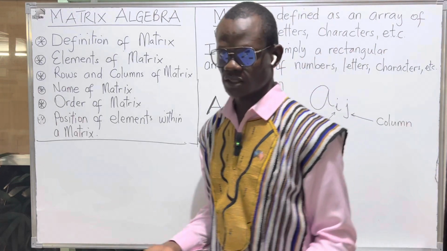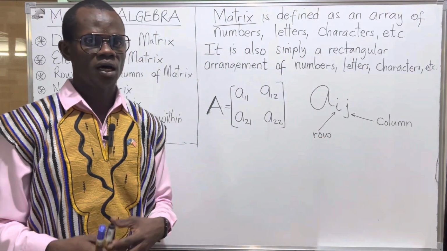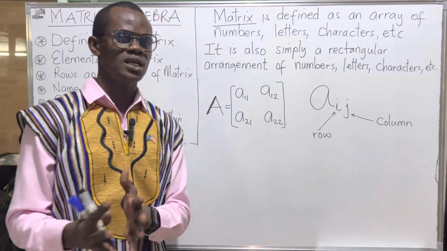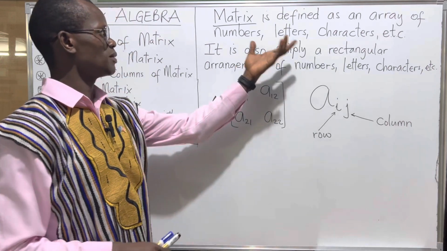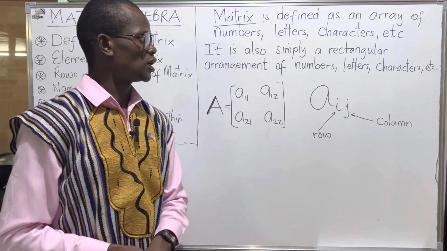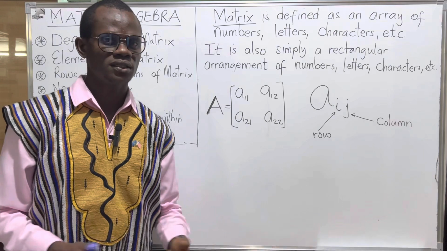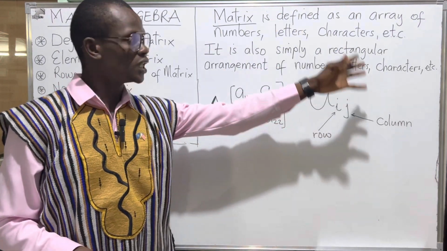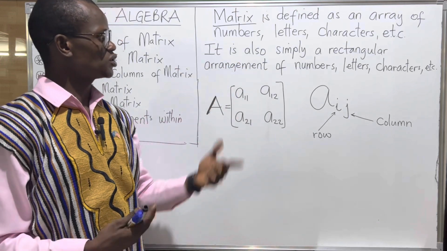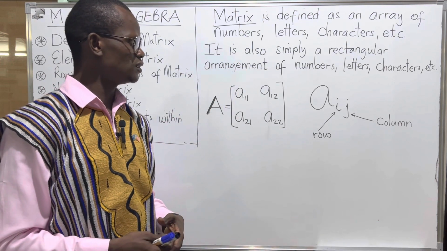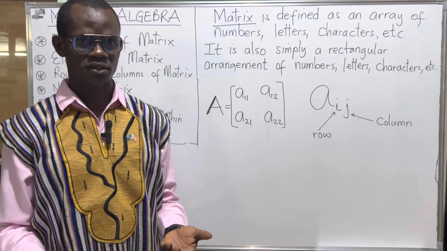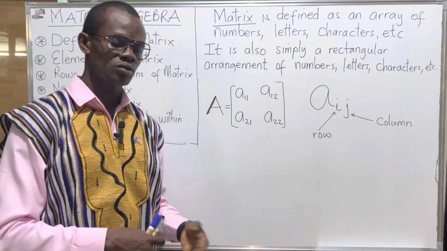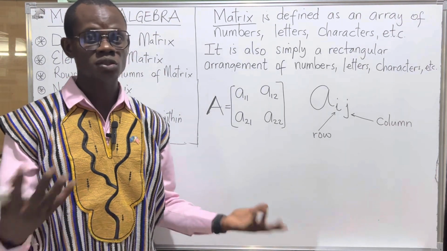So what is a matrix? For short, a matrix is an array, a kind of arrangement of numbers, letters, characters, and so forth. It is defined as an array of numbers. It is also simply called a rectangular arrangement of numbers, letters, characters, and so forth.